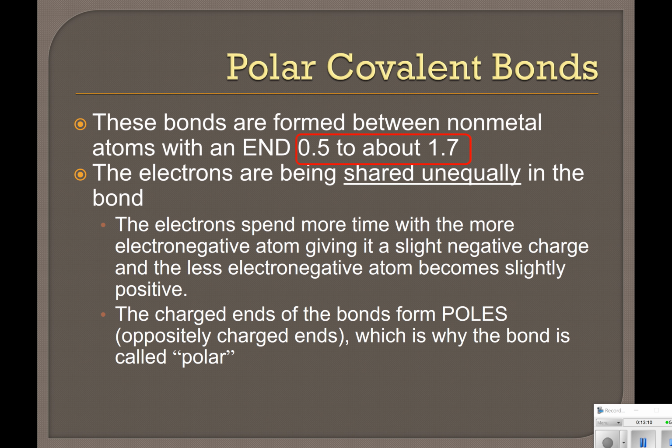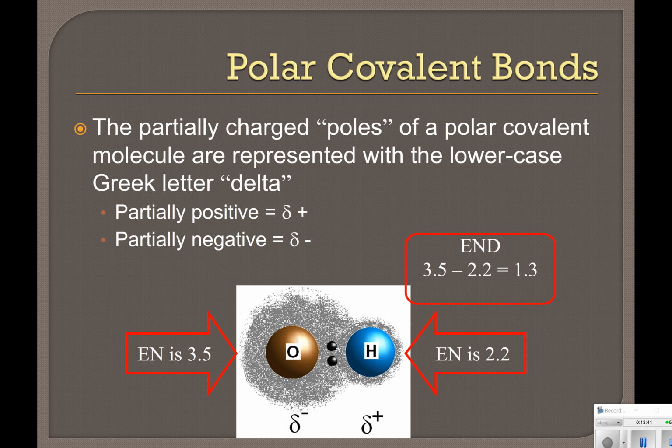Depending on where the electrons are spending more time, around the more electronegative atom, we are going to have our negative pole around that atom or around that end of the molecule. The less electronegative atom is going to become slightly positive because the electrons are spending more time around the other atom. Now, these charged ends of the bonds form poles, positive and negative, and that's why we call the bond polar, because it has poles or oppositely charged ends.